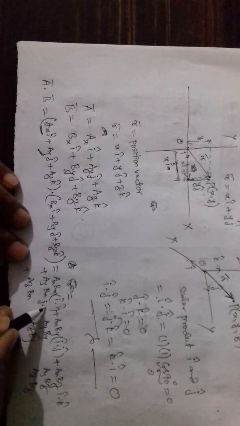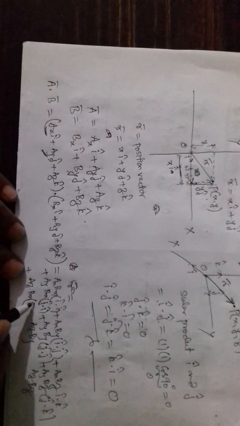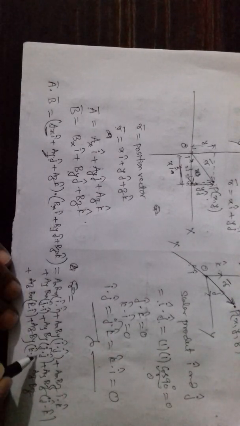Here the same thing comes. So here j dot i, j dot j, j dot k, k dot i, k dot j, k dot k.